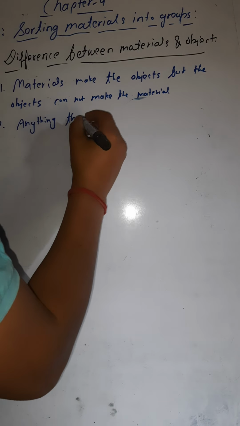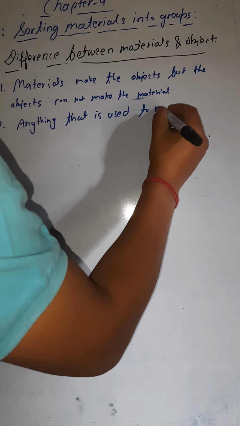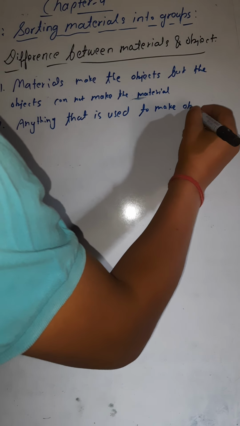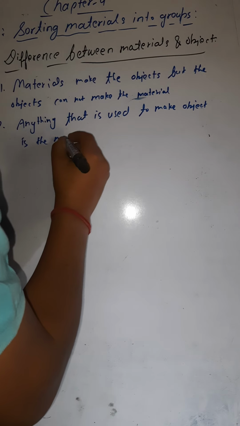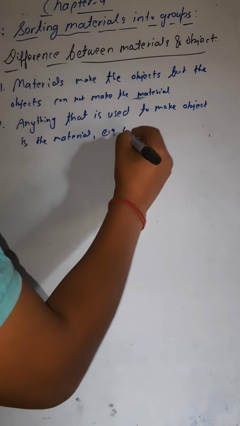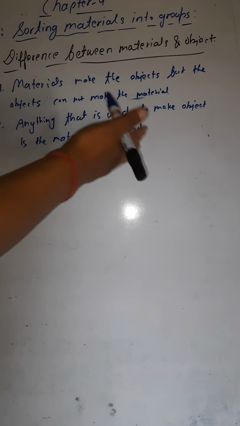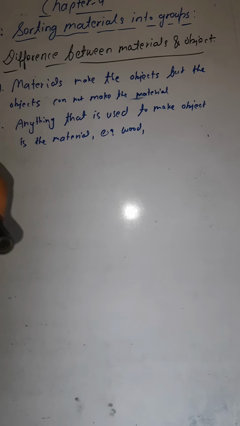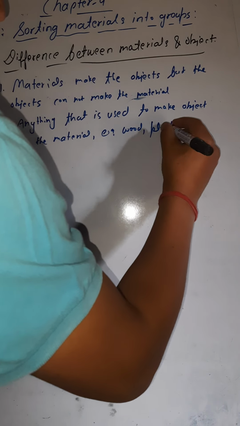Anything that is used to make an object is the material. For example, wood. Wood is a material because we are making many things out of wood. Plastic would also be a material.